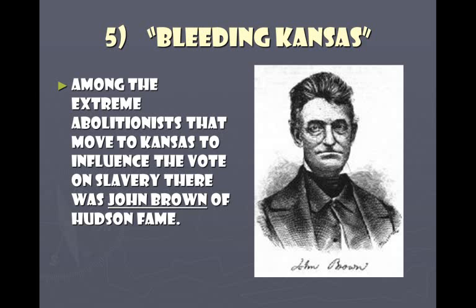He spoke out regularly against slavery. He thought that slavery was evil on every level and one of the most awful parts of the United States. He moves with 5 of his sons, and he had 20 kids, so that was a lot. He moves with 5 of his sons to Kansas in order to try to influence the vote and pressure people to vote against slavery when it comes up for a vote in Kansas.